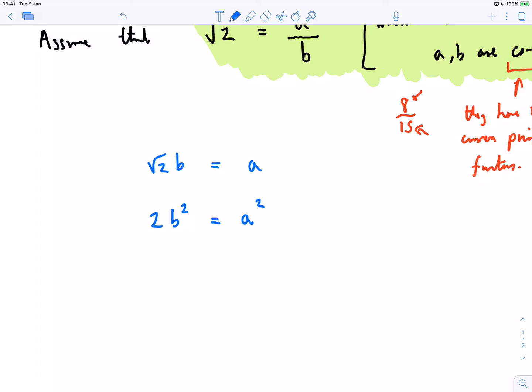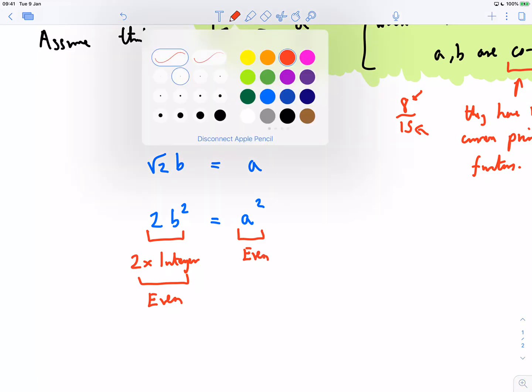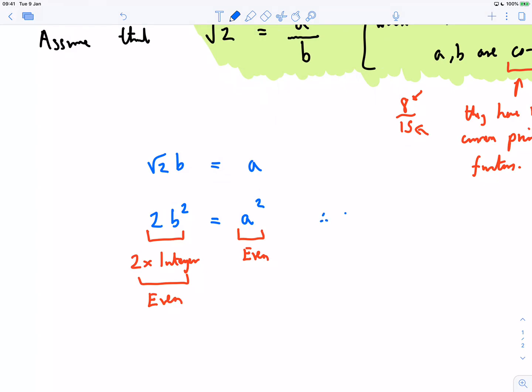What can you tell me about the number on the left-hand side? Because it's 2 times an integer, this thing must be even. And now that means the right-hand side must be even. And that means if a squared is even, then a must be an even number.